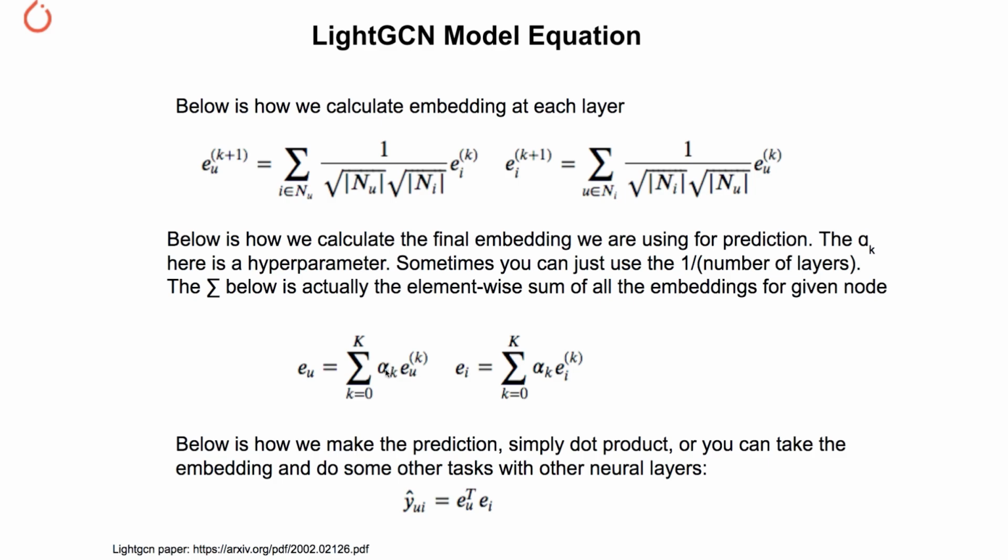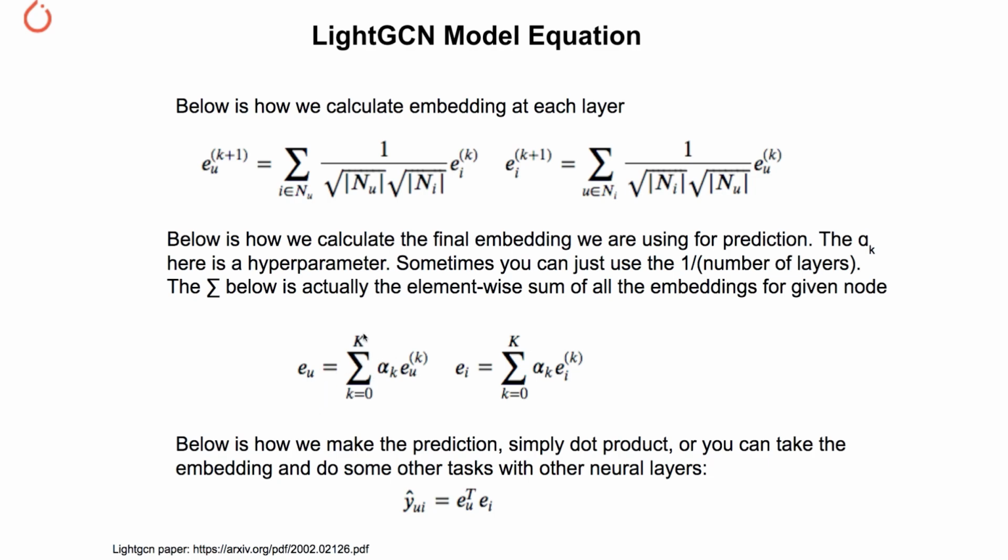The alpha here is a hyperparameter, but if you actually read the LightGCN paper, the recommended number is just to use 1 divided by the number of layers. So it looks like a sum, but if you consider this term being the number of layers, then it's basically getting an average. It says for all of the embeddings at all the different layers for this user, I just want an element-wise average, and that will be my final embedding.